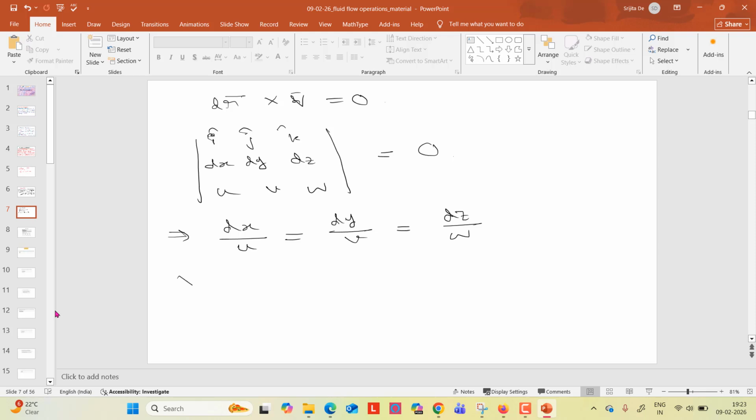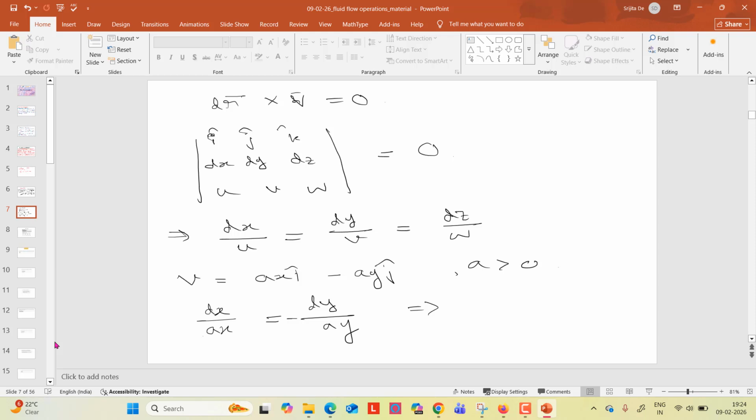Suppose our velocity profile is a x i cap minus a y j cap, where a is greater than 0. Now what will be this? u is ax, right? So dx by ax equals to dy by minus ay.